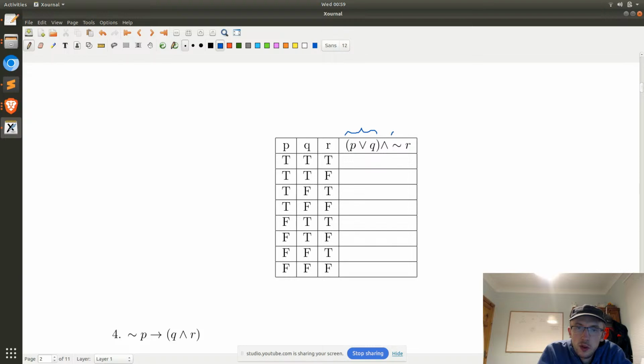So when this is true and this is true, that's the only time that it's true. And that's only going to be true when R itself is false. When R is true, then that will be false.